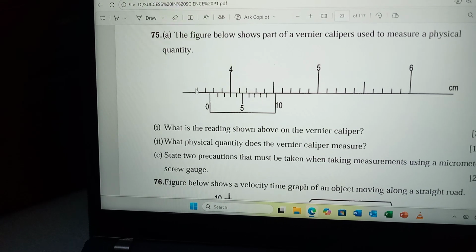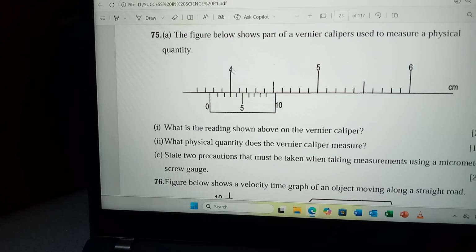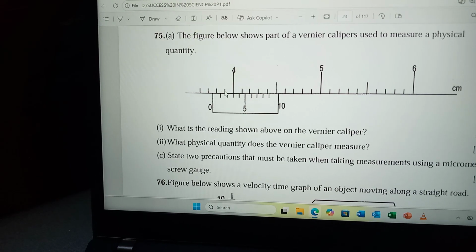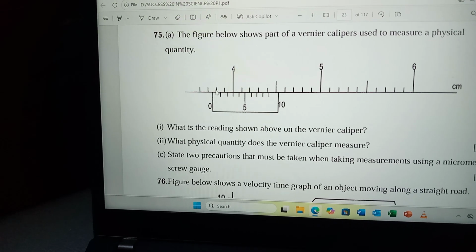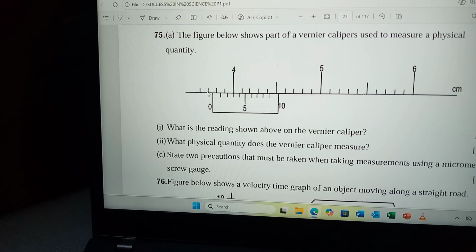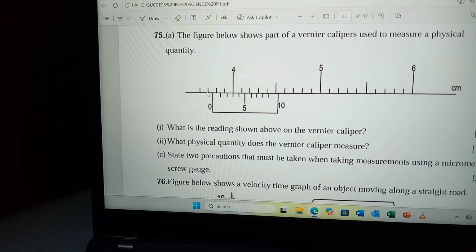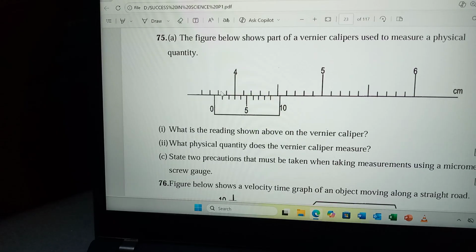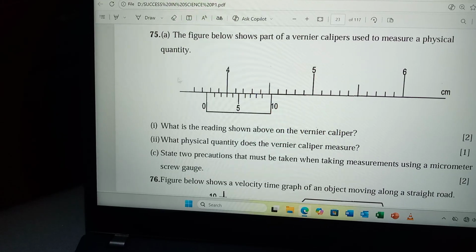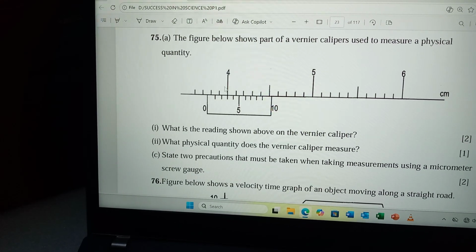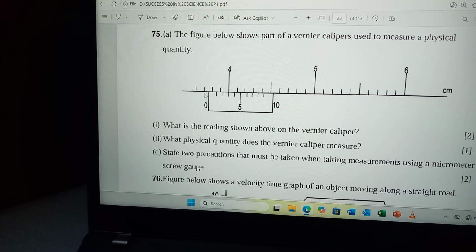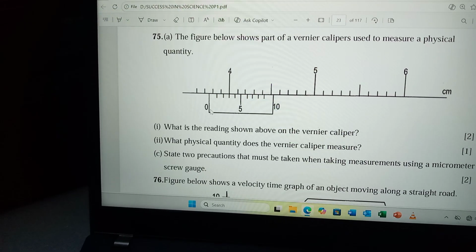Have you seen that number that is 4? Meaning this is 4, then 0.9, 0.8, 0.7. So what you are going to do is get the values starting from this side, not exceeding the 0 that is below there.